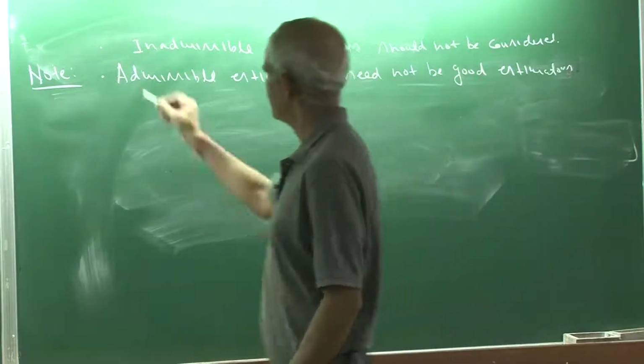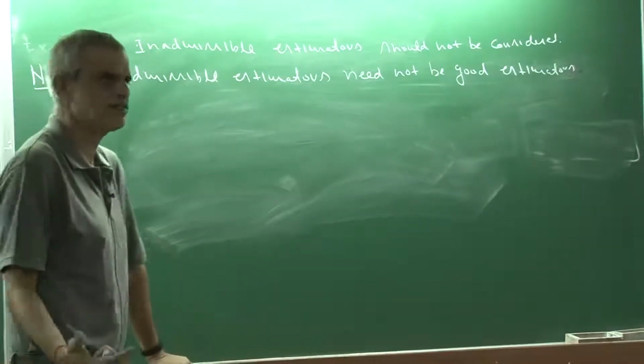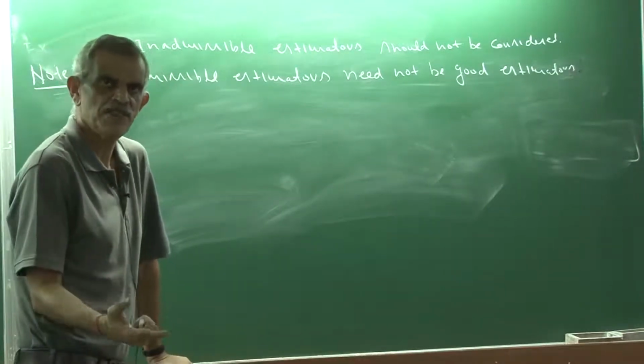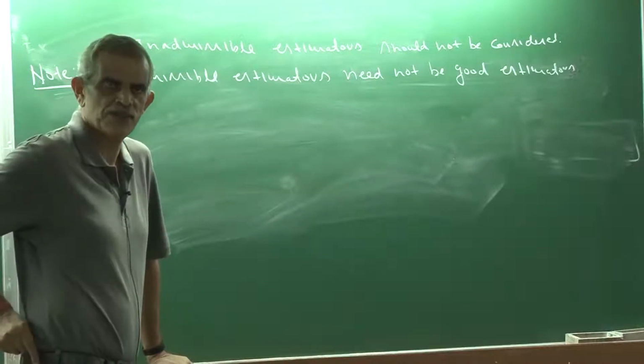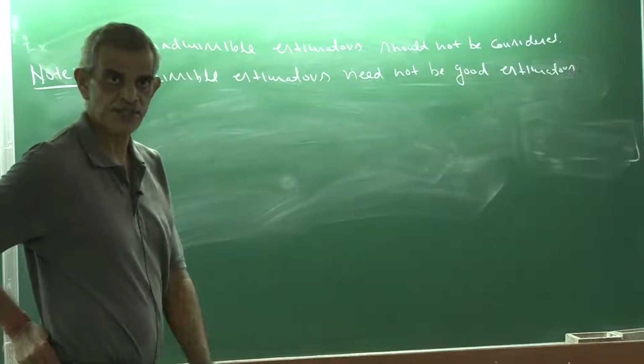This just follows from the definition: by definition there is an estimator which dominates this inadmissible estimator. So why should I consider an estimator which is inferior at every parametric point theta?